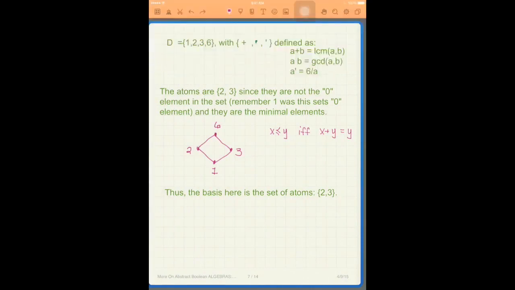And here's D sub 6 again. Notice the atoms were 2 and 3, and again they were not the zero element, and they were the minimal elements. So the basis is going to be the set of atoms, and we write it in set notation and list them: 2, 3.